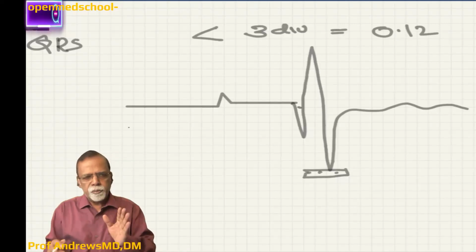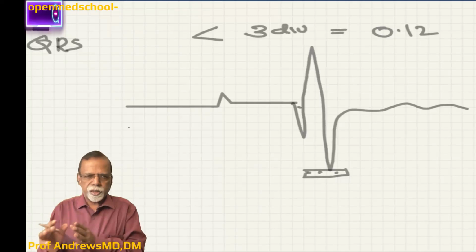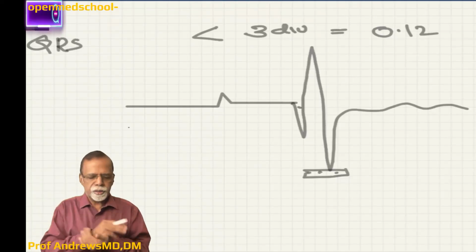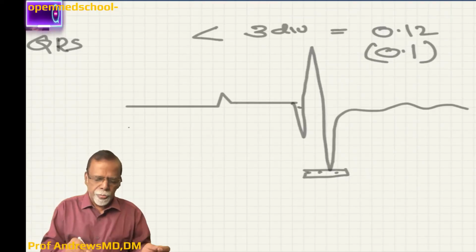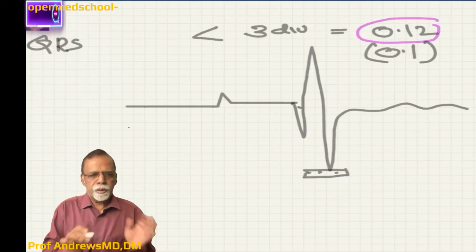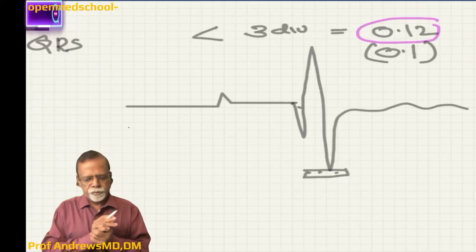So the P wave should be less than 3 divisions, the PR interval should be more than 3 divisions, and the QRS complex should be less than 3 divisions. Actually it is 2.5 divisions, that is 0.1 second. It's easy to remember as less than 3 divisions, or remember 0.1.